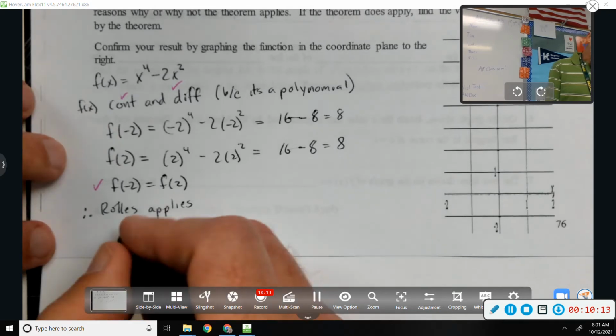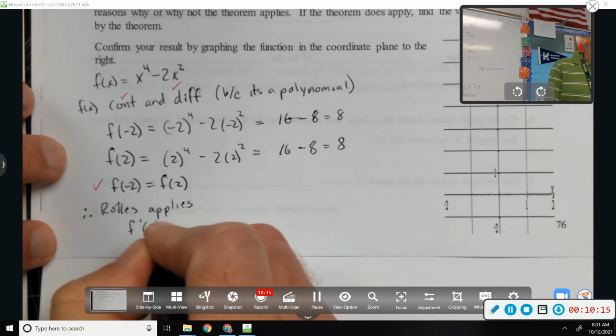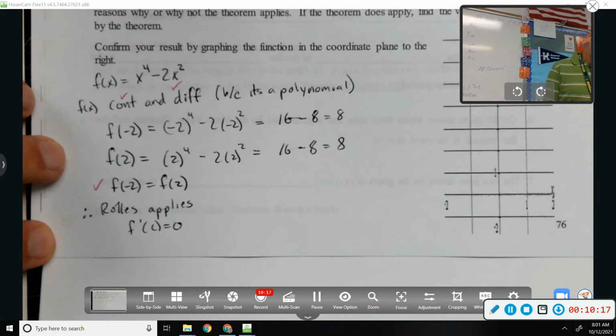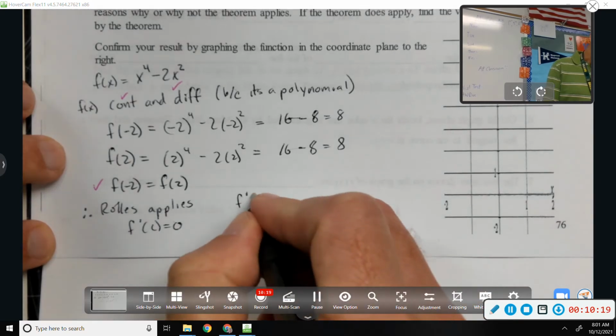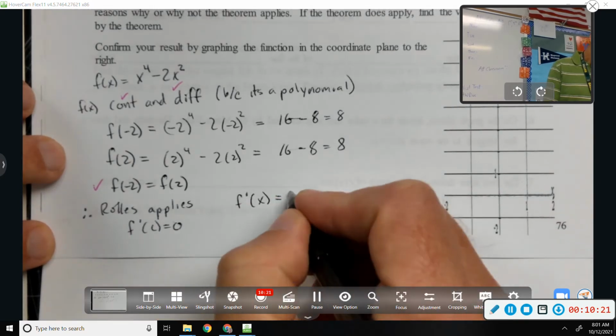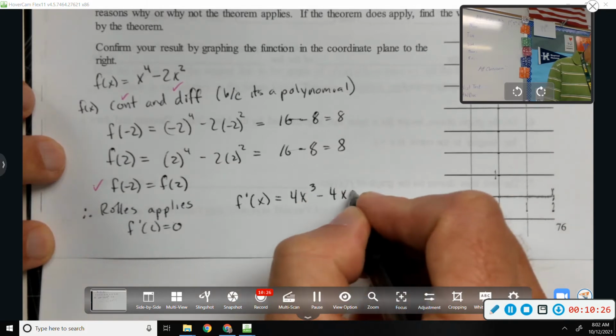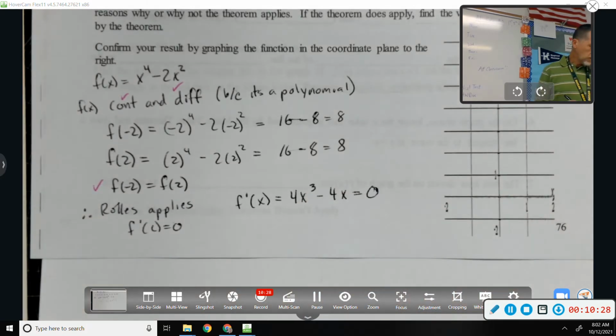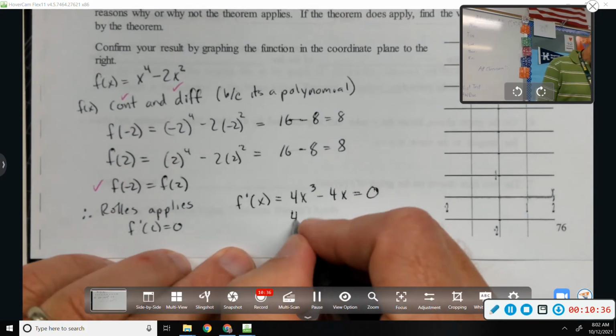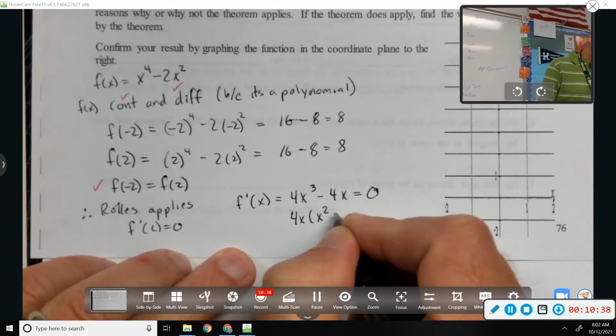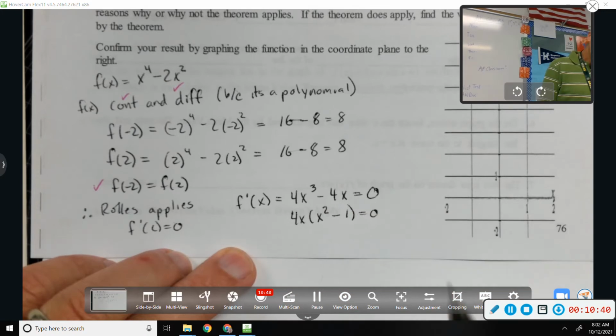The then part says that f prime of c equals 0. So let's take a derivative. 4x cubed minus 4x equals 0. So I can factor out a 4x. That leaves x squared minus 1.